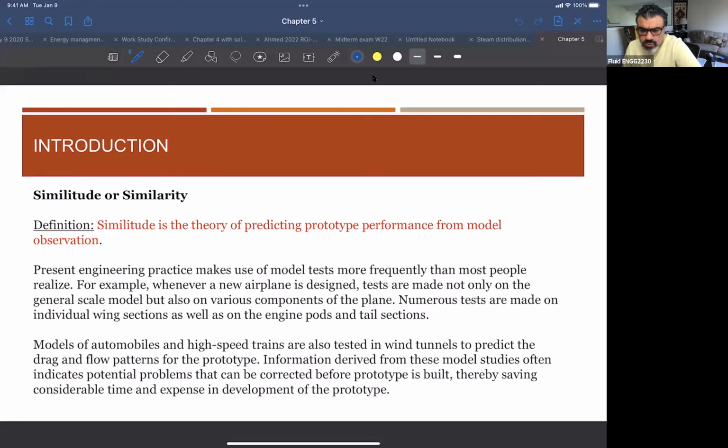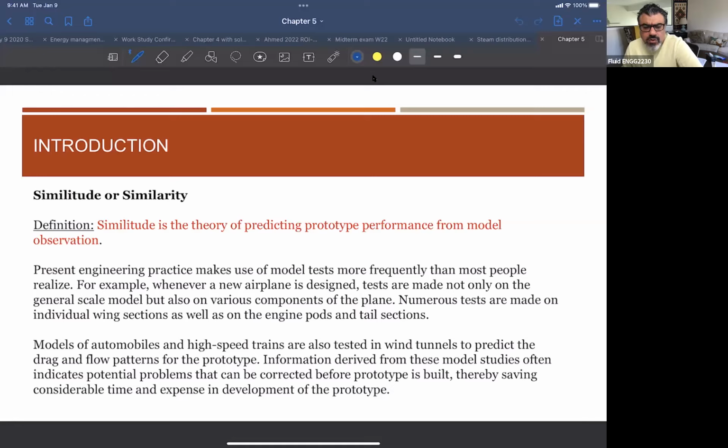This model could be a scale model, could be the same size, could be even smaller size, and we test all conditions: angle of attack for the wings, the takeoff, the landing, everything we test in the lab, right? Not only for the whole aeroplane, but also for the components inside the aeroplane, every piece that is involved in the airplane's total performance.